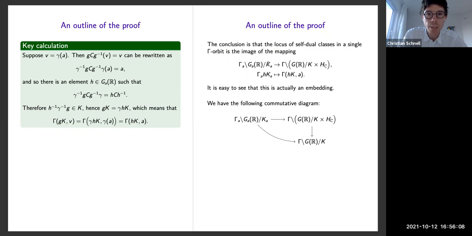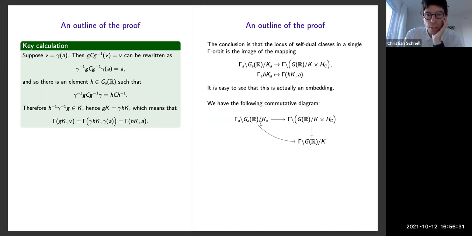I take the smaller symmetric space G_A mod K_A, I mod it by the smaller arithmetic group gamma_A, and that maps into this bundle. And the calculation here shows that the image of that map is exactly the locus that I care about. And in fact, it's an embedding, and so the locus that I care about really is itself an arithmetic quotient.